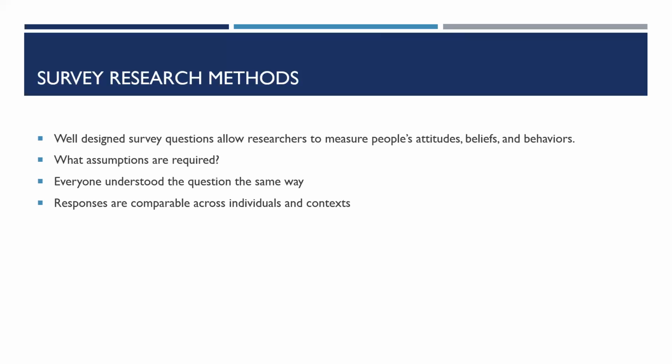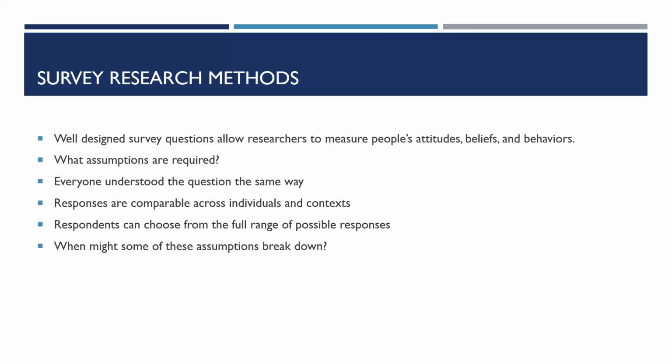Does the word democracy mean the same thing in people's heads if the survey is administered in French as opposed to if it's administered in Chinese? Right? So we have to assume that responses are comparable across all individuals in all contexts. And we have to assume that respondents can choose from the full range of possible outcomes. So when might some of these assumptions break down? I mentioned one of them related to language, but are there any other things that we can think of?